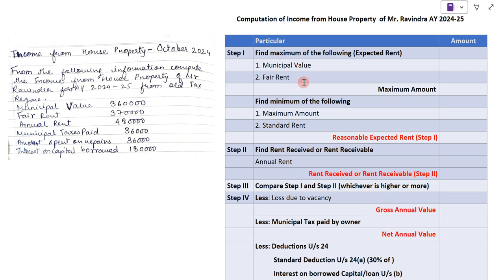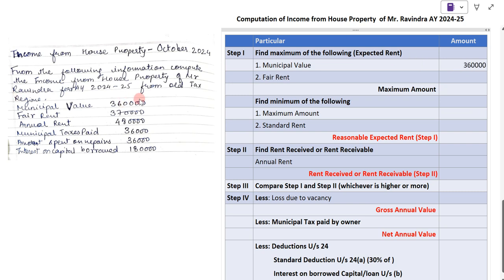That means the maximum amount from these two things, municipal value and fair rent. Municipal value is 3,60,000.